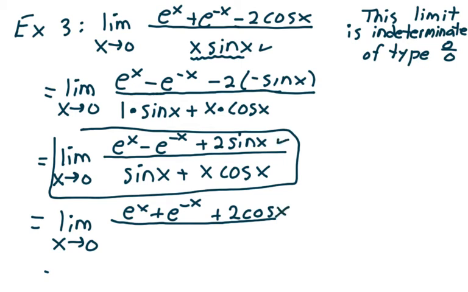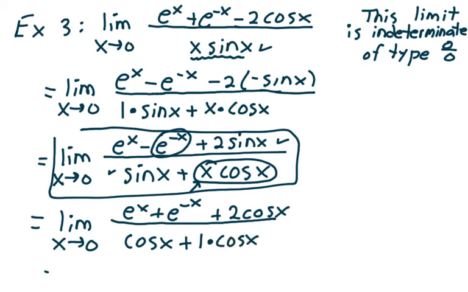And so I apply chain rule on this term here. The derivative of the denominator is, well, the derivative of sine x is cosine x. And then I have to apply the product rule on x cosine x. So I'm going to take the derivative of x, which is 1, and multiply by cosine x.